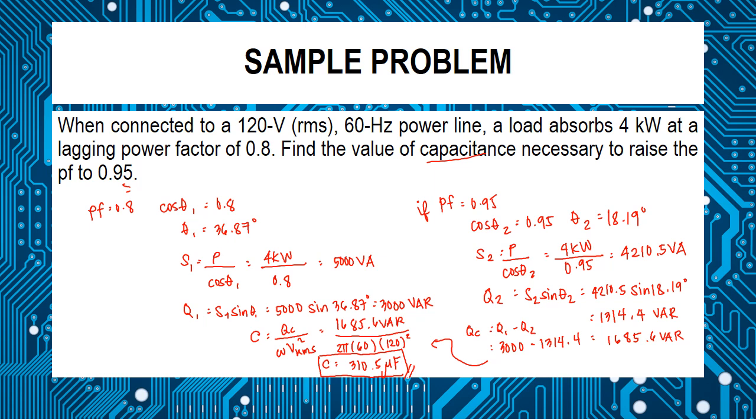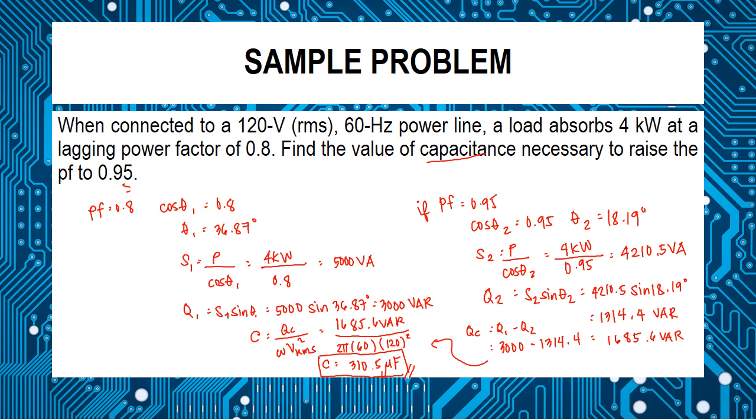And then, the reactive power Q1 is equal to S1 sine theta, so this will be 5,000 sine 36.87 degrees. And this is equal to 3,000 var.